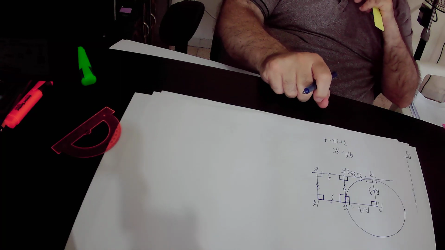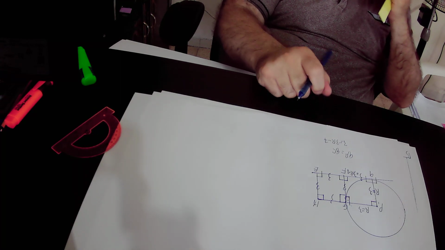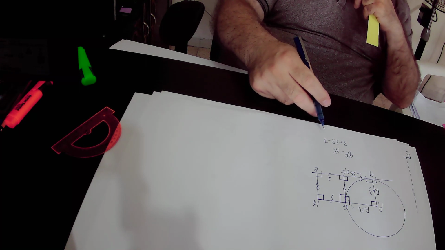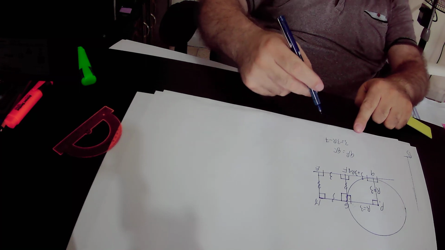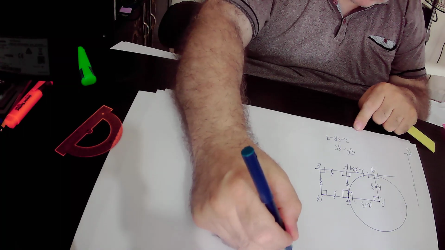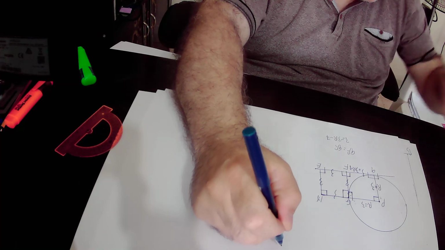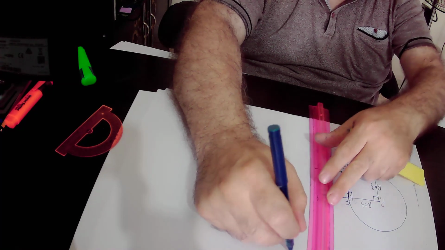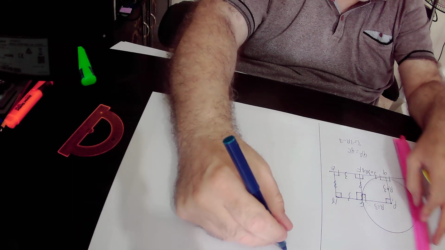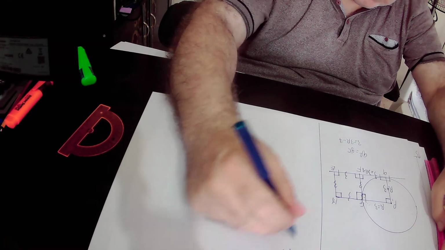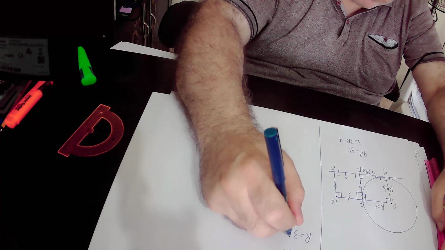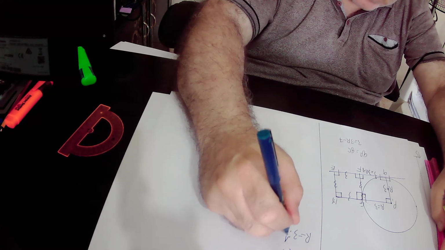Here we add 7 to this equation and we get that 3R is equal to 10. We divide this equation by 3 and we get that R equals 3.333, or 10/3.